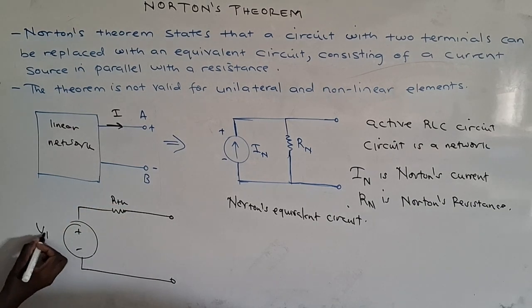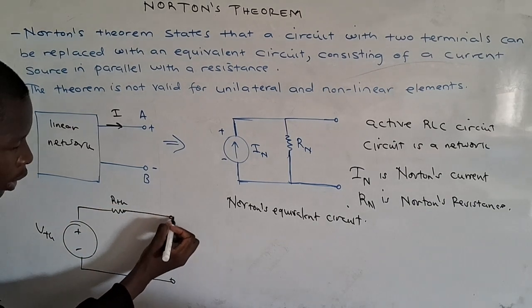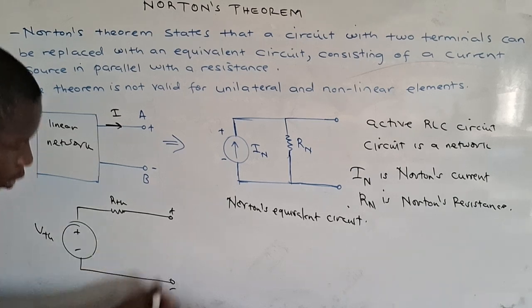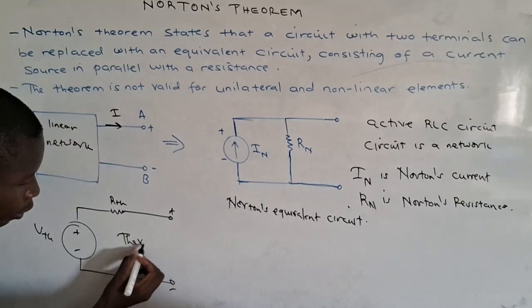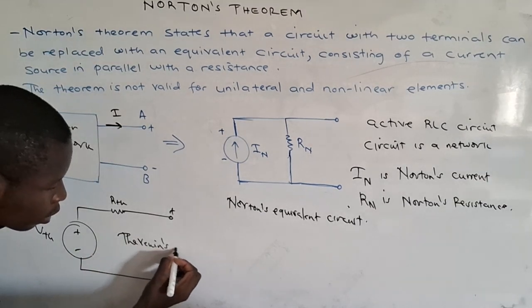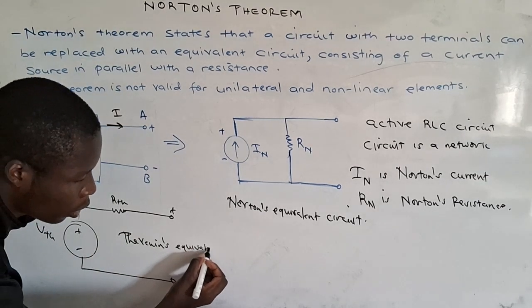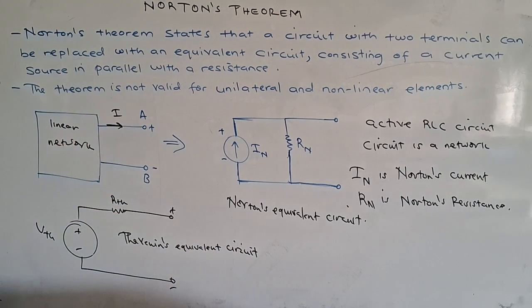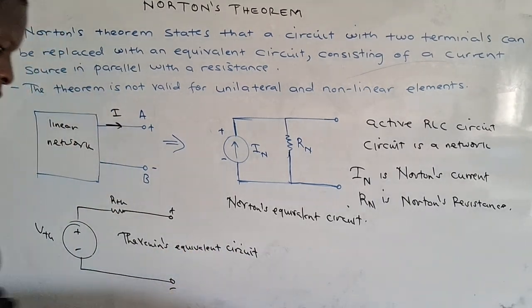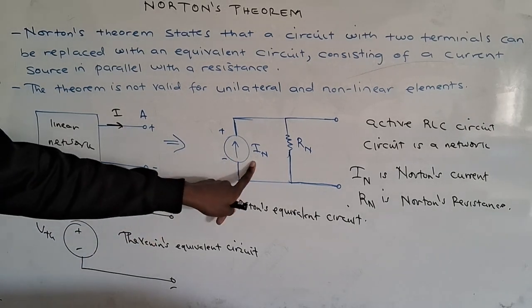RTH, VTH, okay, positive, negative, like this. So this is the Thevenin's equivalent circuit. So if you have the Thevenin's equivalent circuit, it means you can calculate the Norton's current.